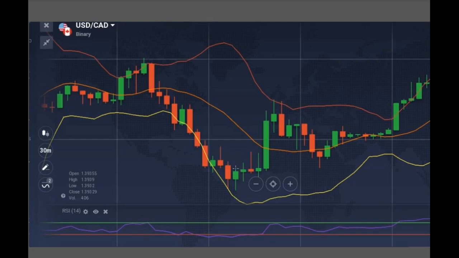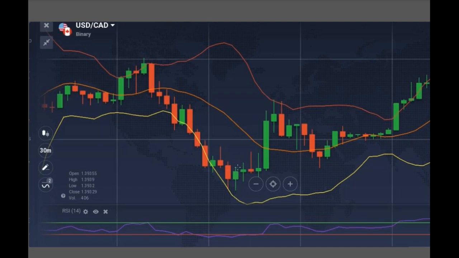Okay, and ensure that the upper wick of your confirmation candle is not showing too much resistance or rejection. What I mean by that is this: ensure that the upper wick is not too long. Okay, so what you're looking for is a nice AMA with minimal wick or no wick.